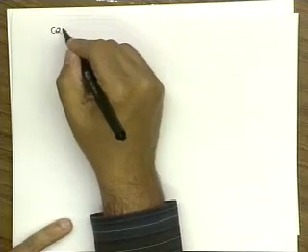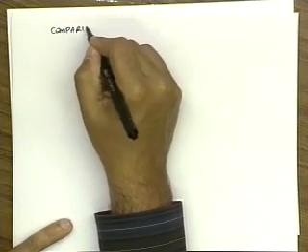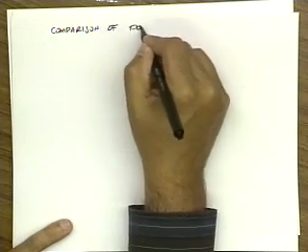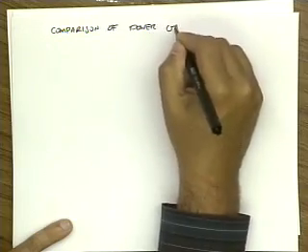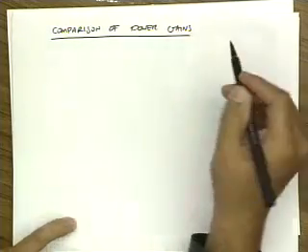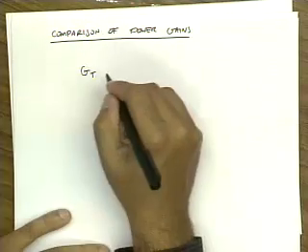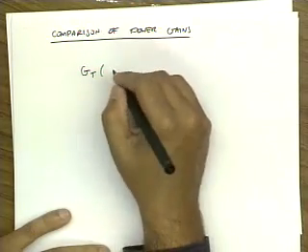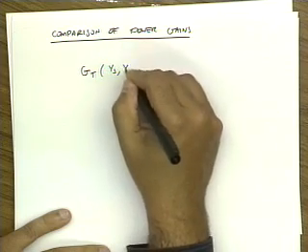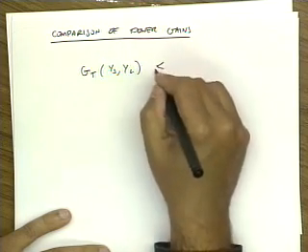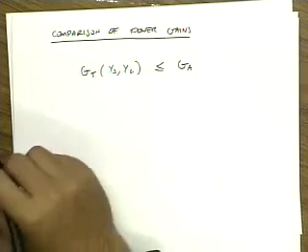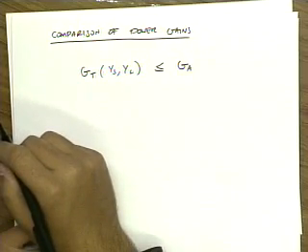Last lecture, we were comparing the various power gains. What we did is we first showed that the transducer gain, which is a function of both Ys and Yl, is always less than or equal to the available gain.